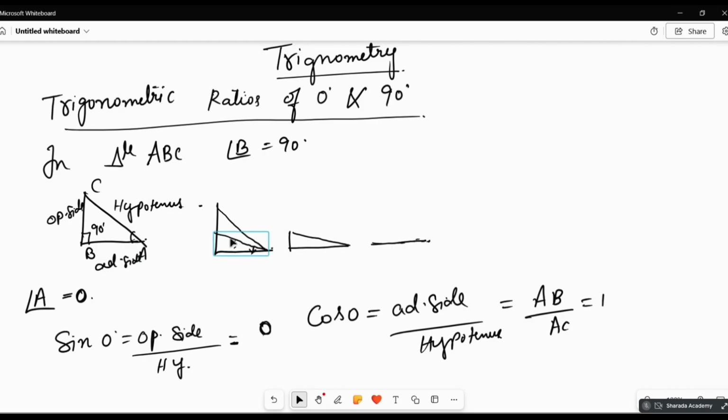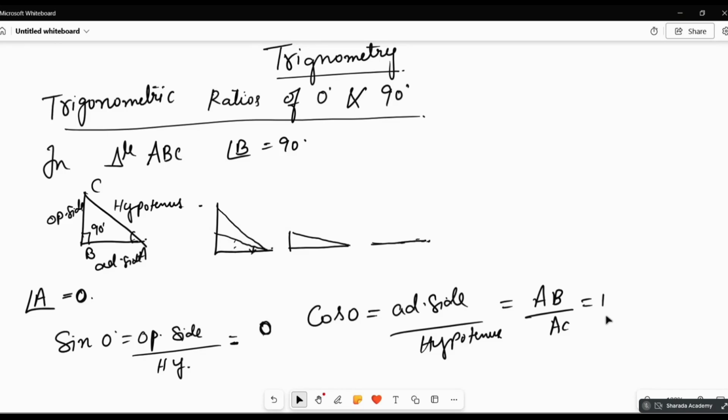See, this keeps on reducing, and this AC line will coincide with the AB line. So AC will be equal to AB, and if AC and AB are equal, then the ratio is equal to 1. That is why cos 0 is equal to 1.